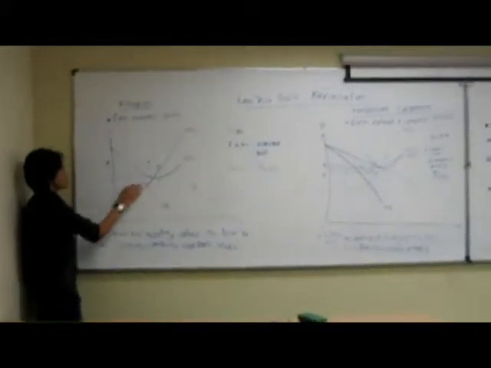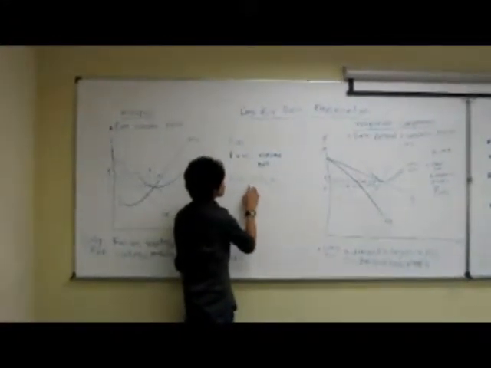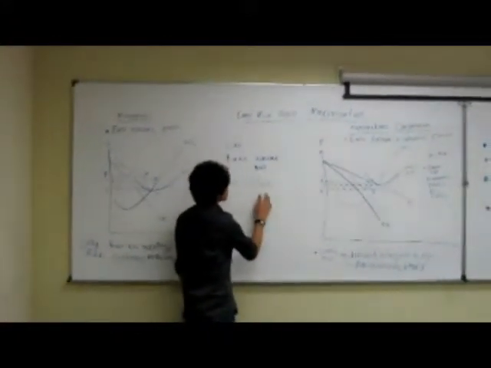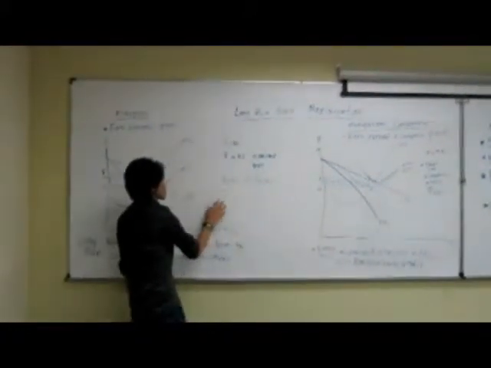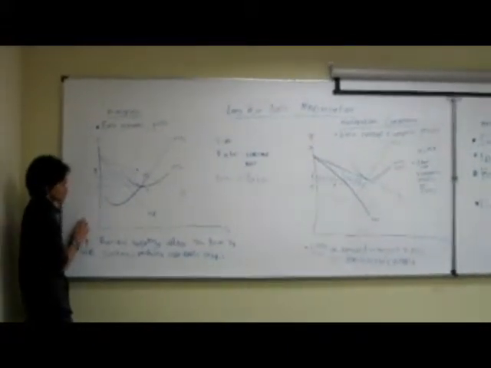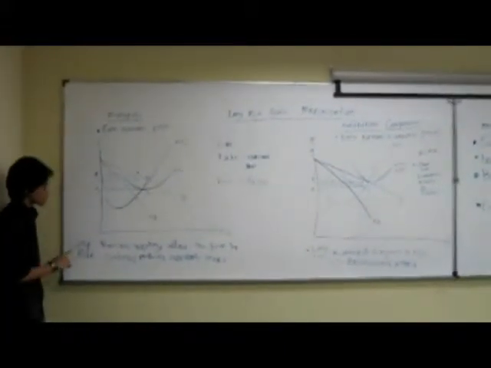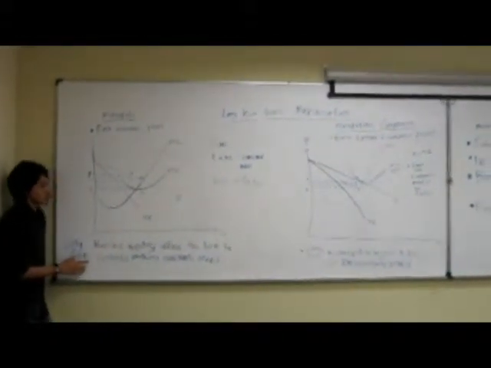So the short-run economic profit is larger than the long-run economic profit, to less attract other firms to enter the market. Because of that, the barriers to entry allow the firm to continue making economic profit.